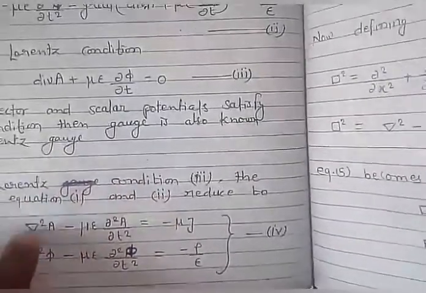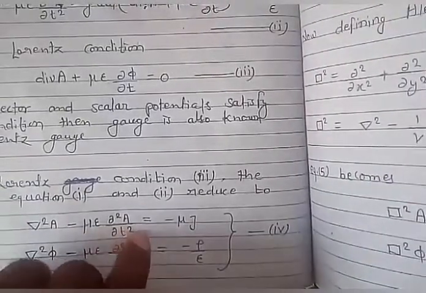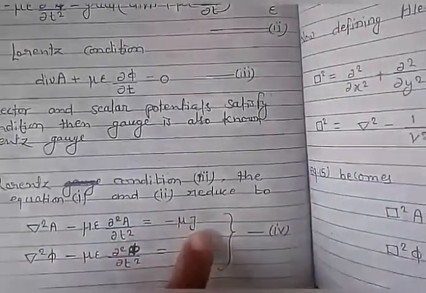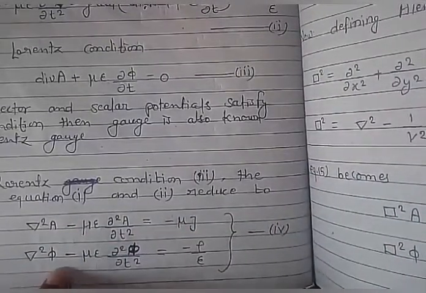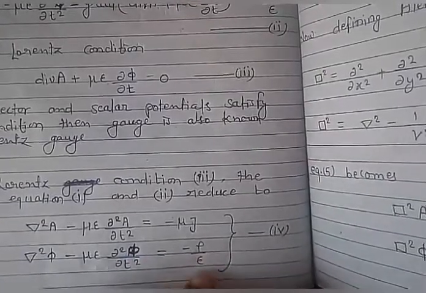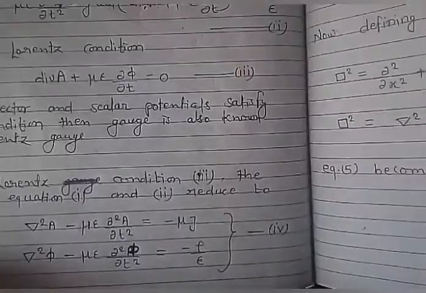Then we get delta square A minus mu epsilon del square A upon del t square equal to minus mu j, and delta square phi minus mu epsilon del square phi by del t square equal to minus rho upon epsilon. The whole set is the fourth equation.